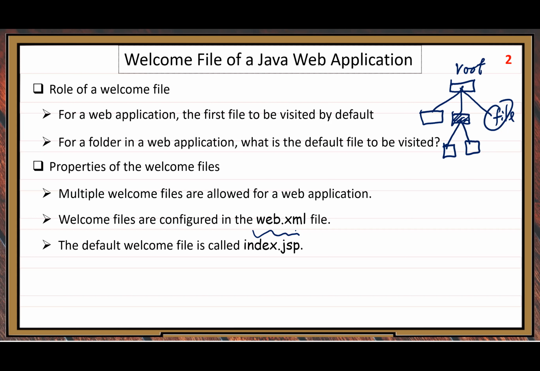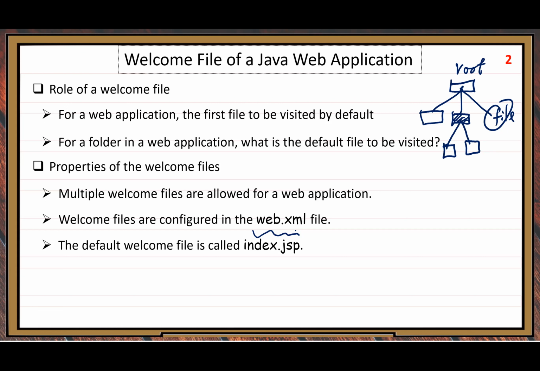Next one, the default welcome file is called index.jsp. Default file name, index.jsp. Here you see JSP. Why JSP? Later, when I talk about servlet, you will see there is an important reason. Here we use a JSP, not a servlet.